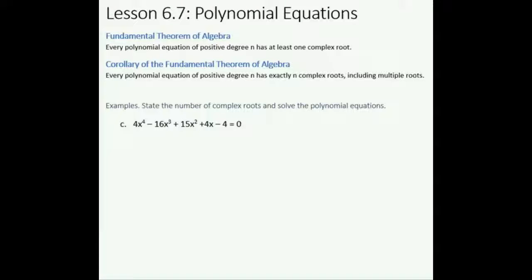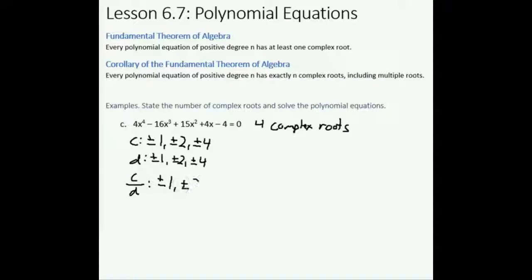The next one is actually x to the 4th power. We know that there's going to be 4 complex roots. We can't factor by grouping, so we'll use synthetic division and the rational root theorem to help us. So possibilities for C, possibilities for D, and so C over D. All right, now what we can do is try these.